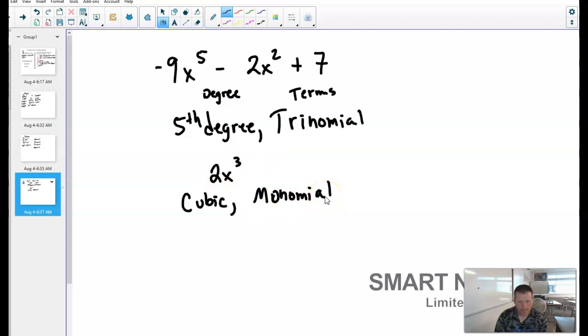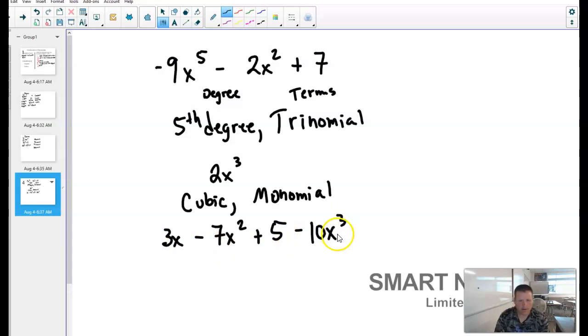One thing I would look for is you do got to be careful that it's in standard form. Okay, so let's say I had 3x minus 7x to the 2nd plus 5 minus 10x to the 3rd.